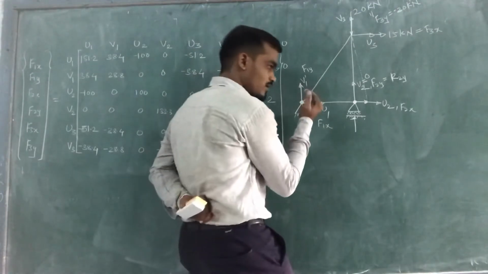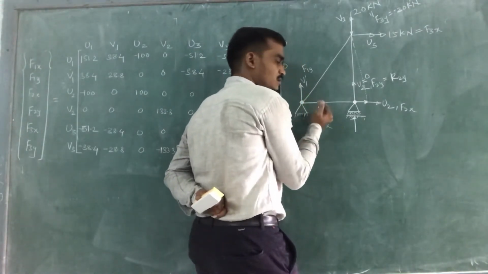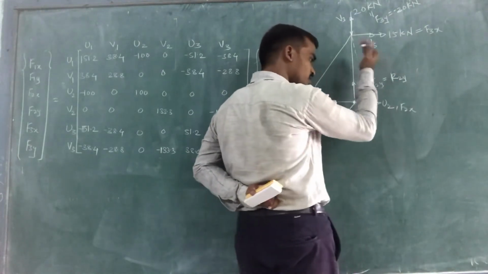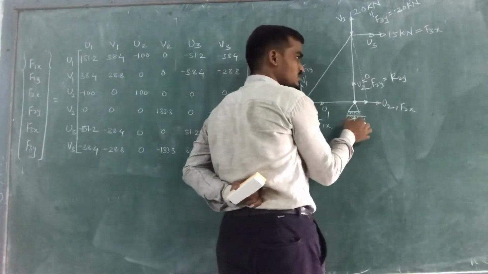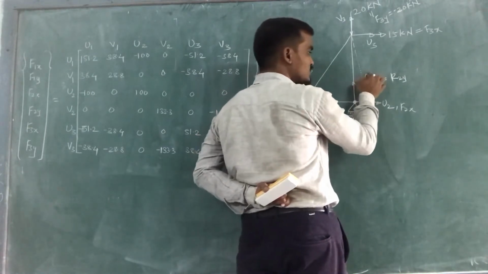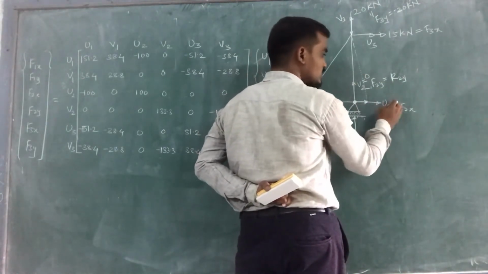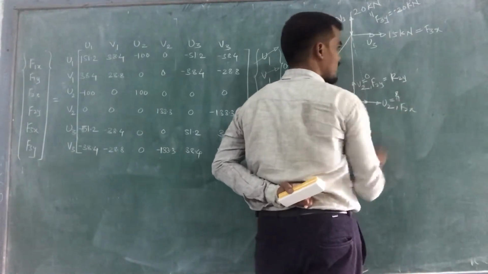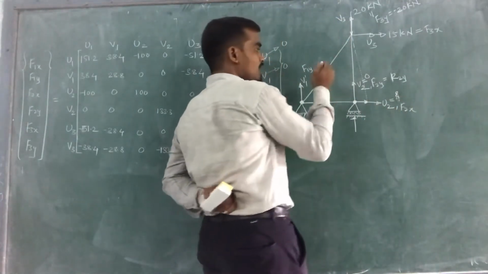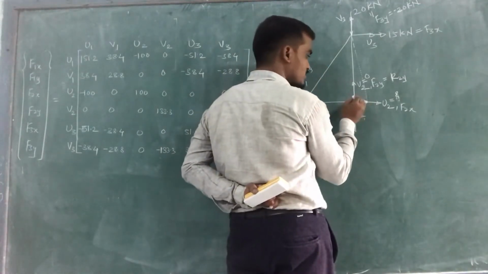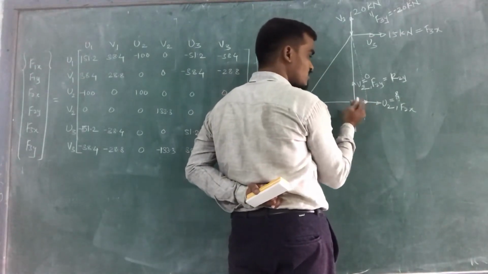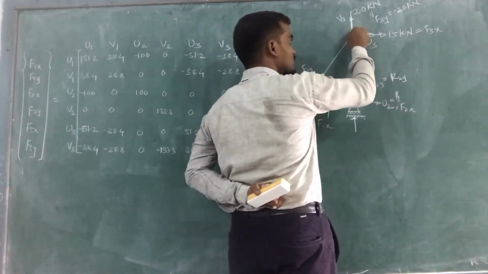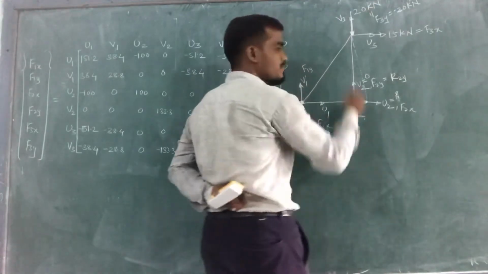Why? Only horizontal displacements will occur in the horizontal direction, but there will not be any vertical displacement due to this roller support. So V2 will become equal to 0 and U2 is unknown, meaning we need to find out this U2 value. How much displacement will occur in the horizontal direction at this node due to this force of 20 kN or 50 kN?